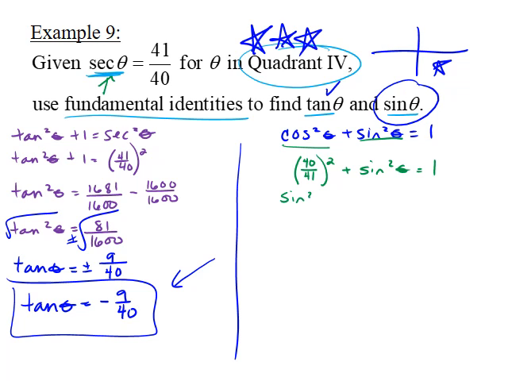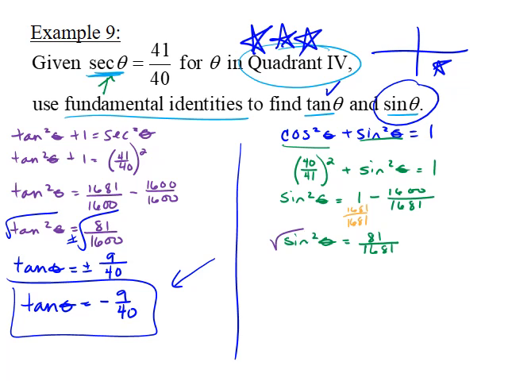So I have sine squared is equal to 1 minus 40 squared is 1600 over 41 squared is 1681. So I can write 1 as 1681 over 1681 and subtract. So sine squared is equal to 81 over 1681.